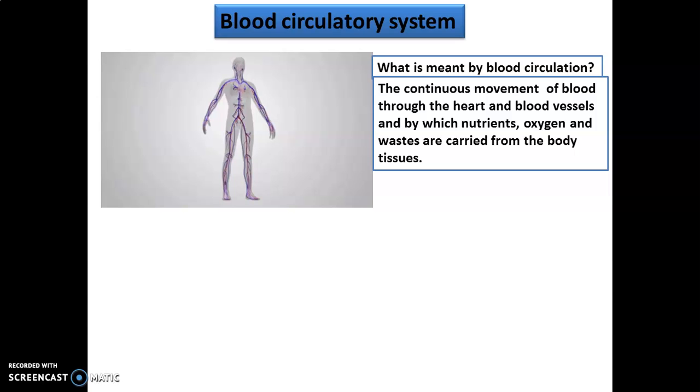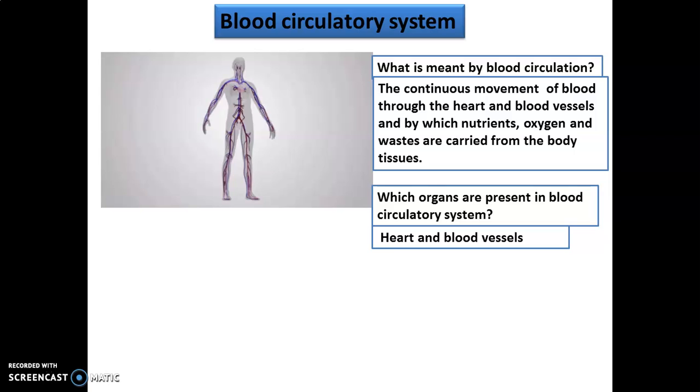It carries nutrients, oxygen and waste material from the different body tissue. Which organs are present in the blood circulatory system? It mainly consists of the heart and blood vessels. So in this video, we will be studying the structure and function of the heart and the blood vessels.